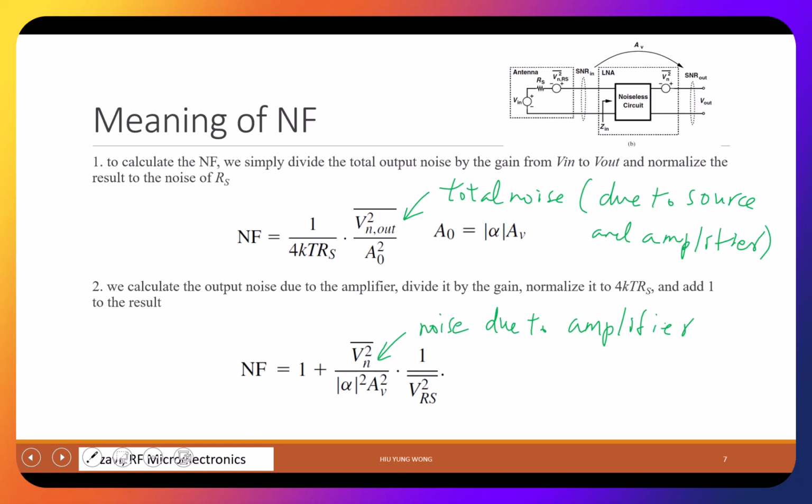Yeah, but it looks like you're optimizing for a certain. You will optimize this one and this one together, right? So you want to make Vn small enough and the gain large enough. So that is a trade-off, right? You can have very high gain, but at the same time you can add a lot of noise from your amplifier. So this is what you want to optimize.